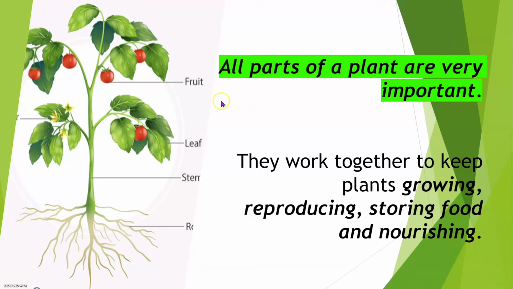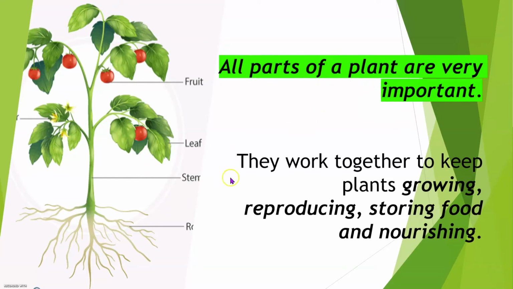As we already discussed on our previous topics, this is a plant. We have the leaf, the fruit, the stem, the roots, and the flowers. That is all parts of a plant.